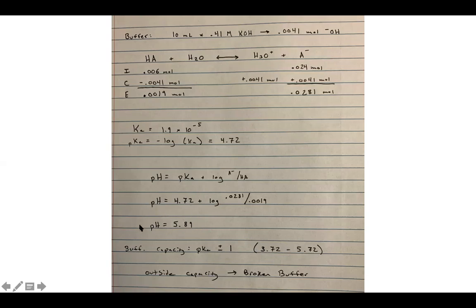The current pH of our solution is not within that buffering range, meaning that we have broken the buffering system. This really just means that this buffer is not going to be good at resisting pH changes any longer. It's only good at resisting pH changes within its buffering capacity.